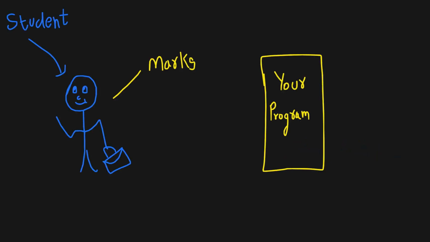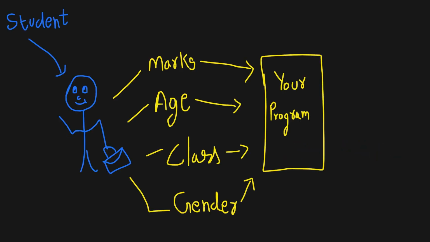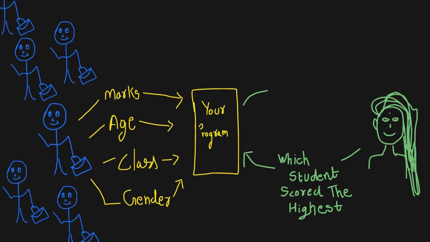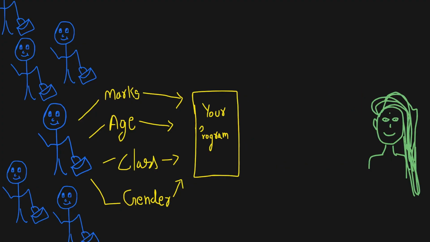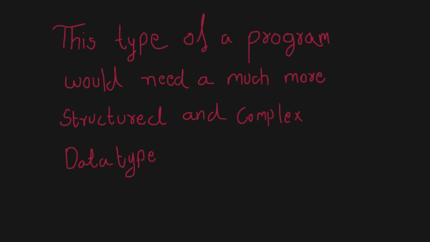Now, let's go to another scenario. Now imagine that not only marks, but you want to make a program that generally processes data about your students. A program where you can ask who is the highest scoring student in my class or which student has not paid his fees yet, etc. So in that case, you don't just want to store a list of numbers, right?